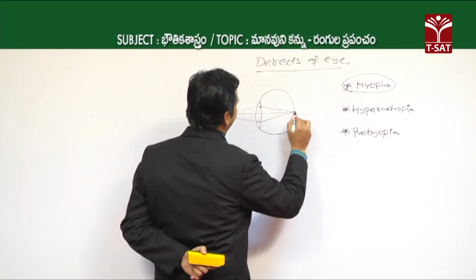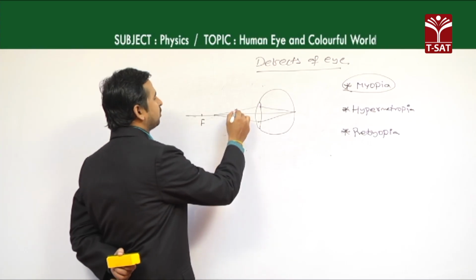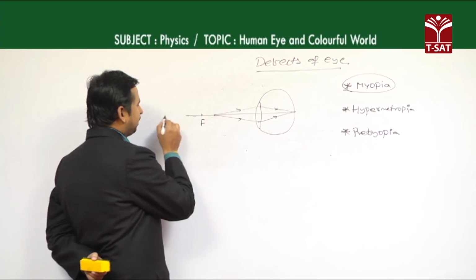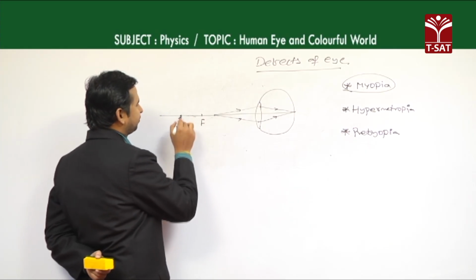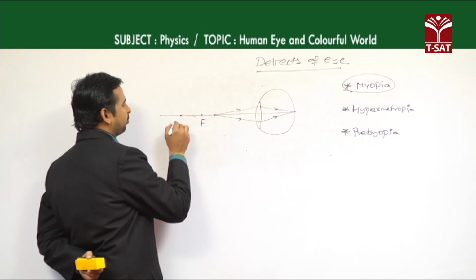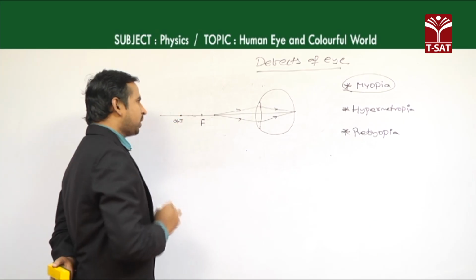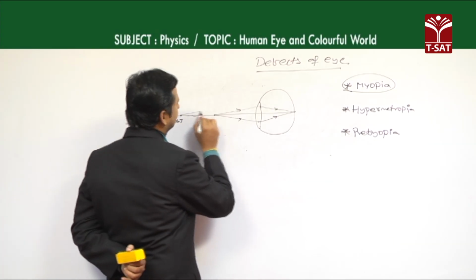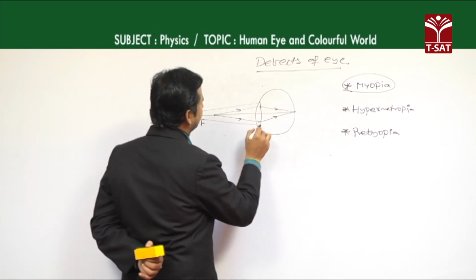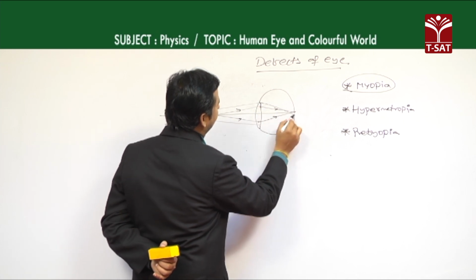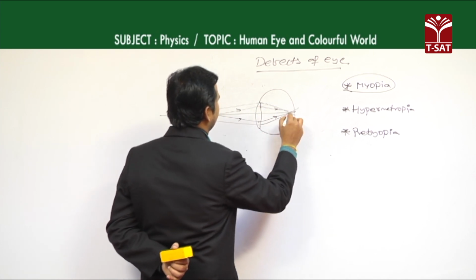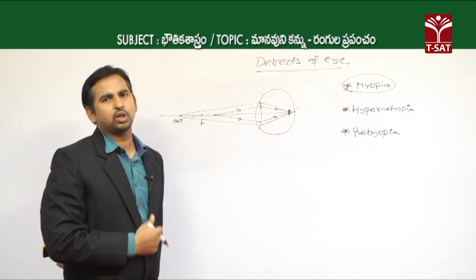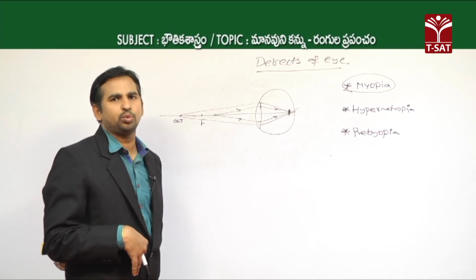But if the object is placed after this far point, for example at this position, the light rays do not converge on the retina; they converge before the retina, and the image is formed there. Because of that, we have a shorter focal length than the required 2.5 centimeters.